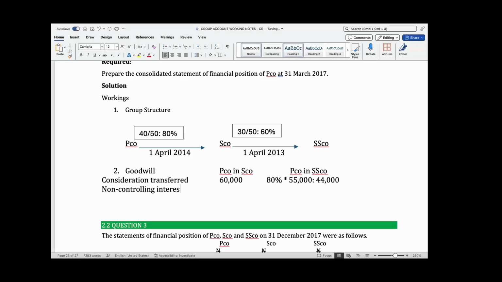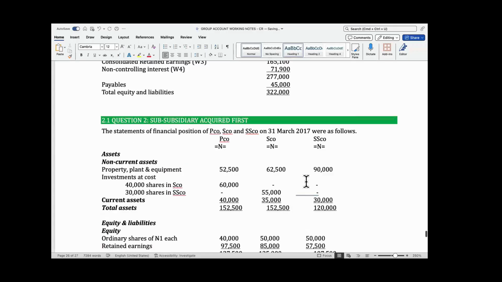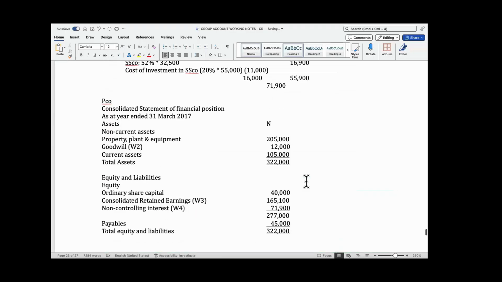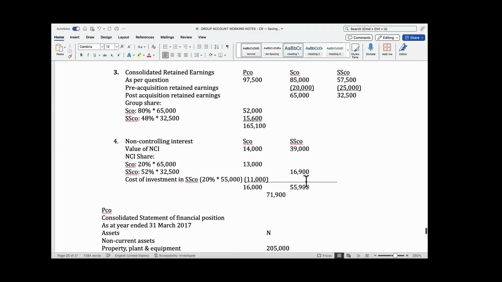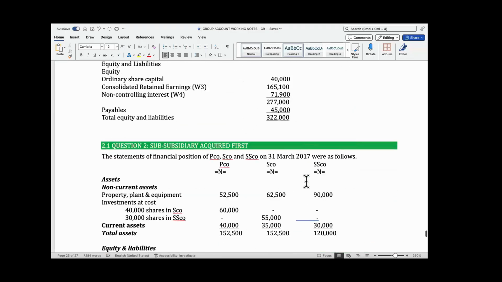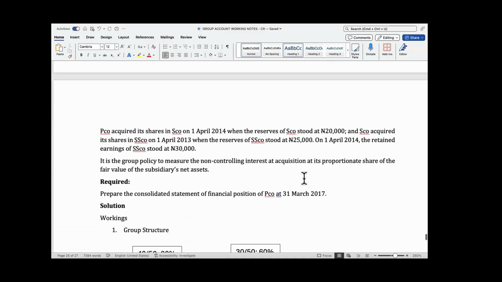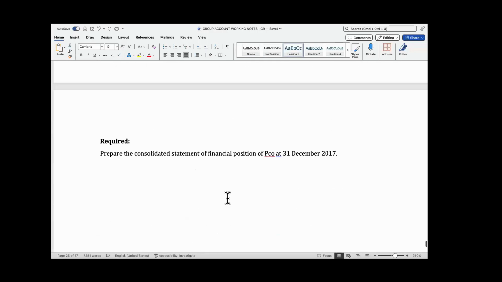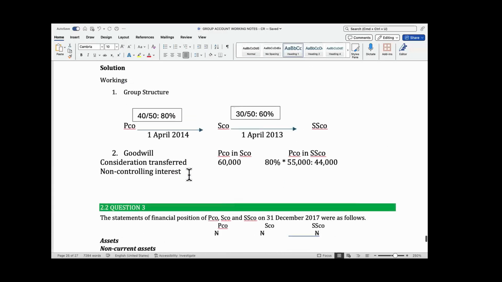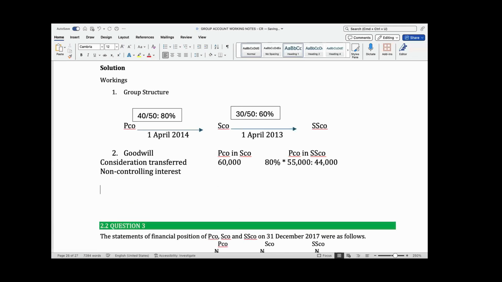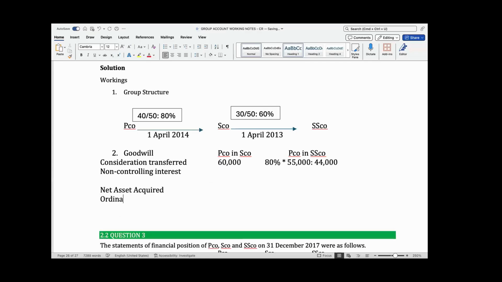Then the non-controlling interest, and the non-controlling interest from here is measured at proportionate share. So we'll wait to determine my net asset acquired, which comprises my ordinary share capital.